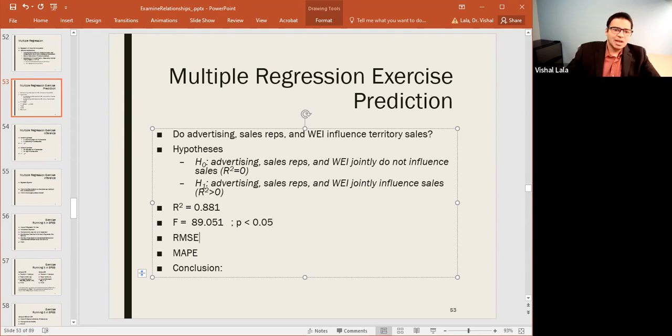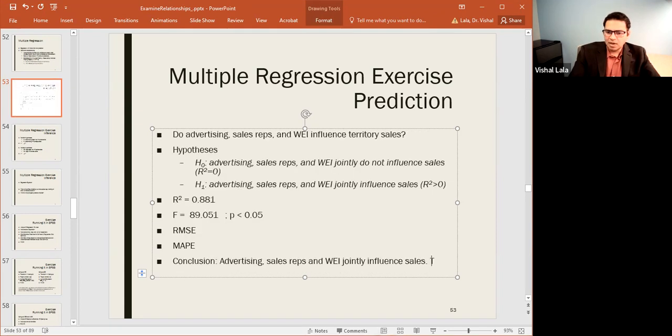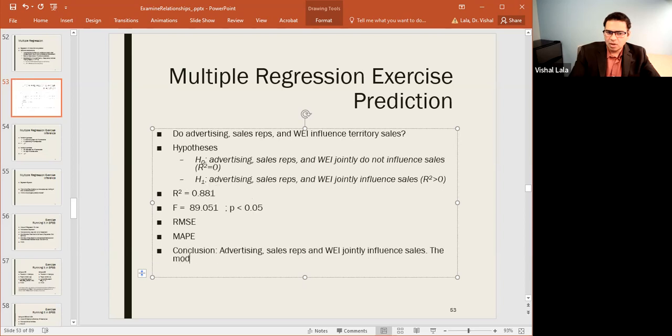In other words, advertising, sales reps, and WEI jointly influence sales. And the model is strong because our R-squared is more than 0.5. So we know the model is strong.